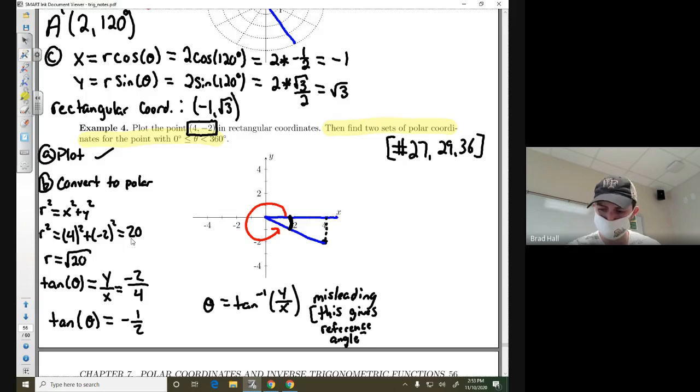And you have to know how to rewrite that reference angle to put you in quadrant 4, because that's where this coordinate ends up. So 360 minus the 26.57, the reference angle, would give you the angle that you're looking for.